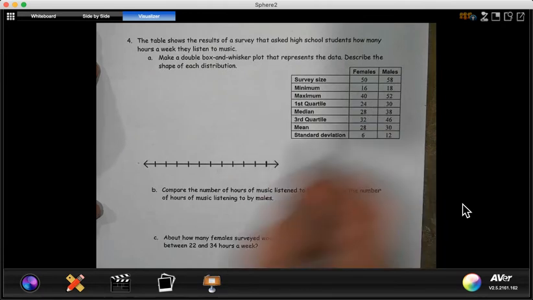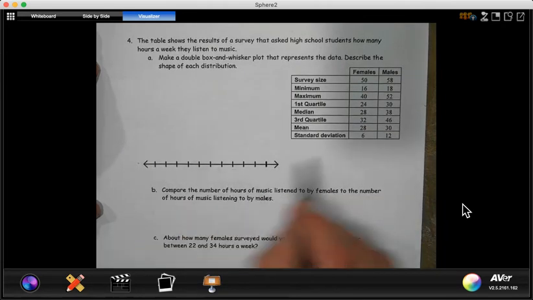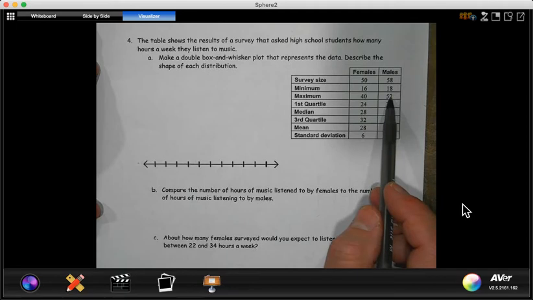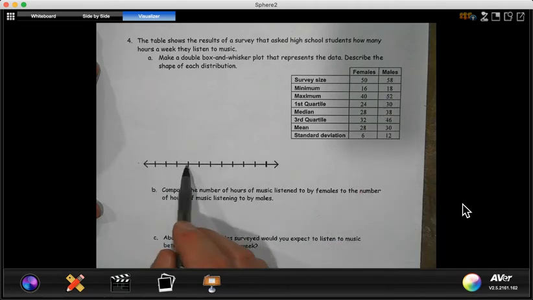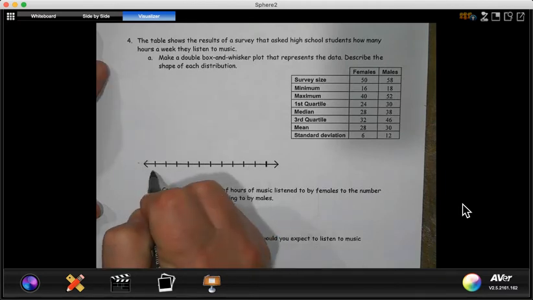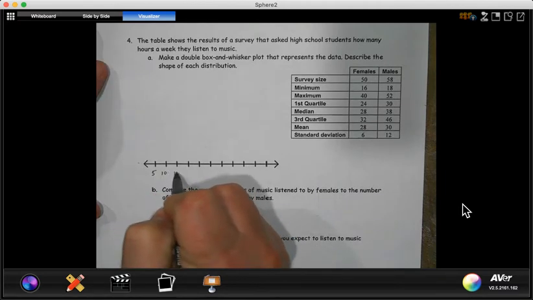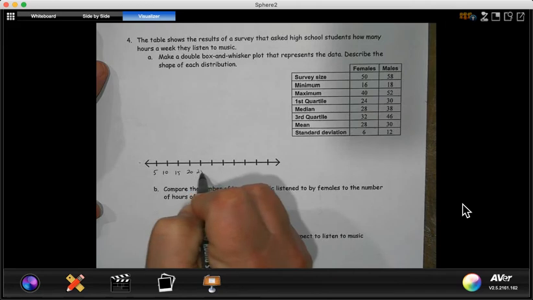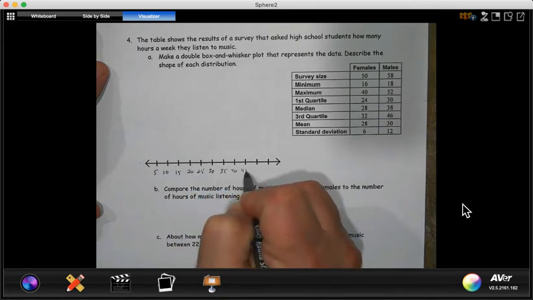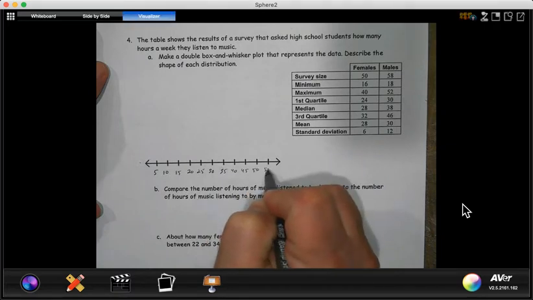Okay, so I gotta make a scale. Looks like the highest number is 52. So 1, 2, 3, 4, 5, 6, 7, 8, 9, 10. So if I went by fives, 5, 10, 15, 20, 25, 30, 35, 40, 45, 50, 55.